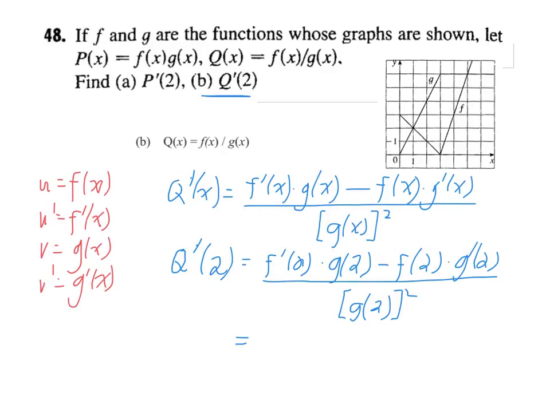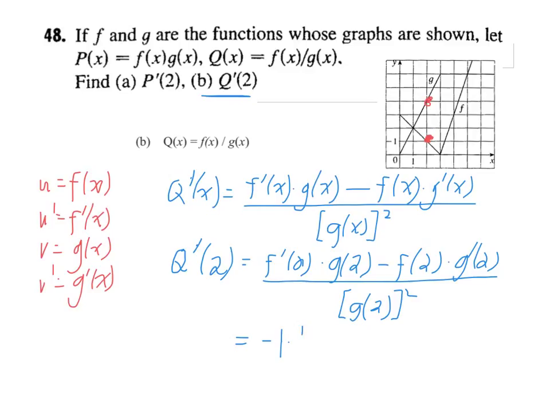Okay, using the same things as before, I want to use the graph to figure out this information. F prime of 2, we saw this one before. This is the slope of the tangent line at 2 on the f graph. By counting rise over run, we determined before this was -1. g of 2 referred to the y-coordinate at 2 on the g graph.